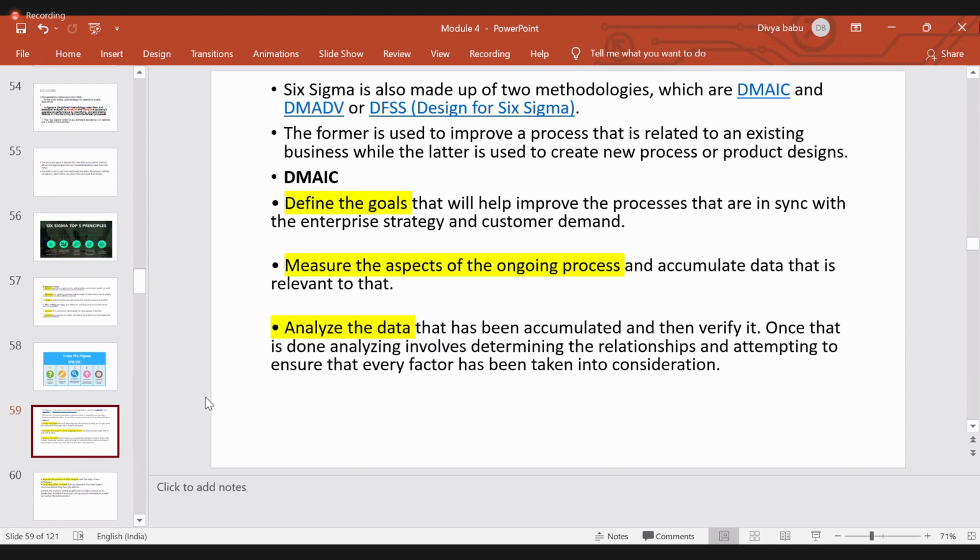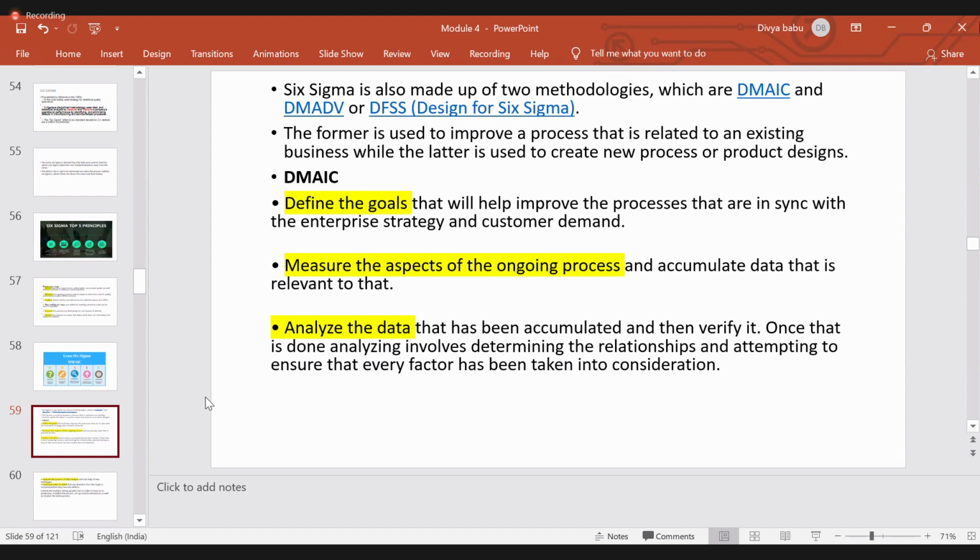Then measure the aspects of the ongoing process and accumulate data relevant to that. The next is analyze the data, and then verify it. Analyzing involves determining the relationships and attempting to ensure that every factor has been taken into consideration. That is the data analysis.